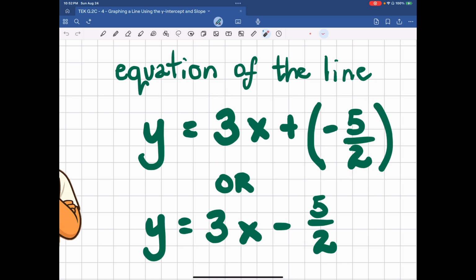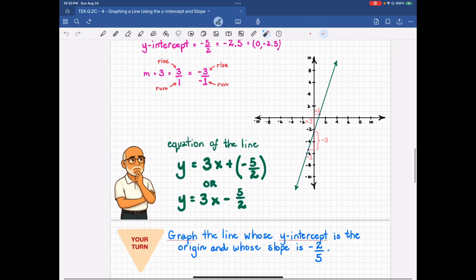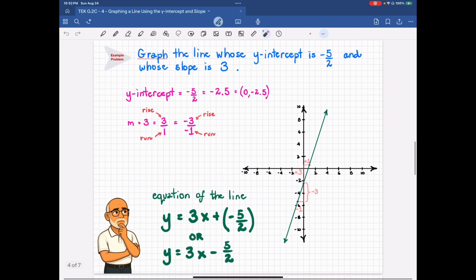So I can rewrite this, simplifying it. Instead of adding a negative, I can just write it as y equals 3x minus 5 halves, and we are done. We have literally taken the y-intercept and the slope and come up with the equation of this line in slope-intercept form.